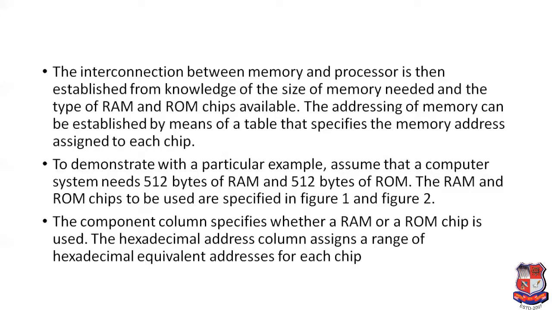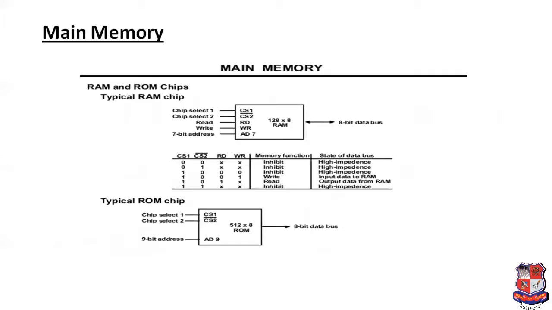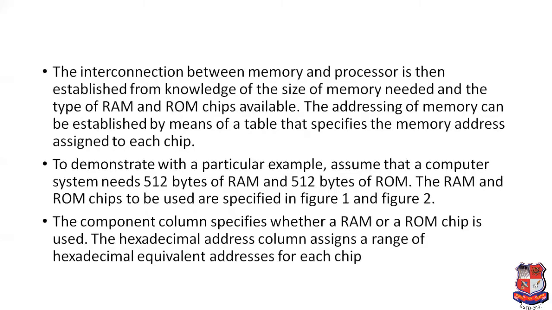To demonstrate with a particular example, assume that a computer system needs 512 bytes of random access memory and 512 bytes of read-only memory. The RAM and ROM chips to be used are specified in figure 1 and figure 2.